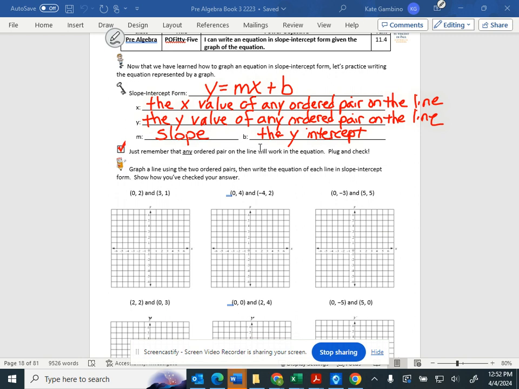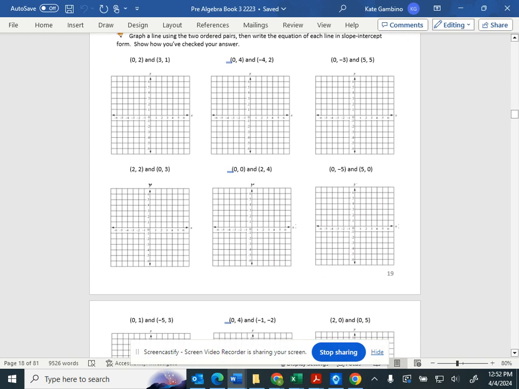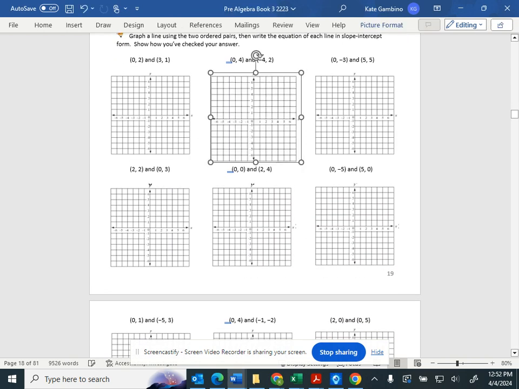Graph a line using the two ordered pairs, then write the equation of each line in slope-intercept form. Show how you checked your answer. So let's look at how this works. I'm going to scroll up so we can see.